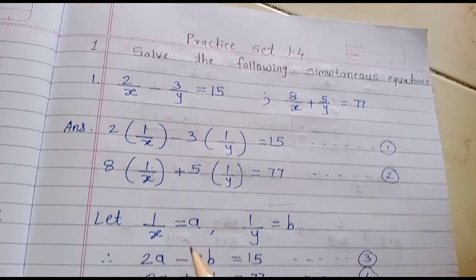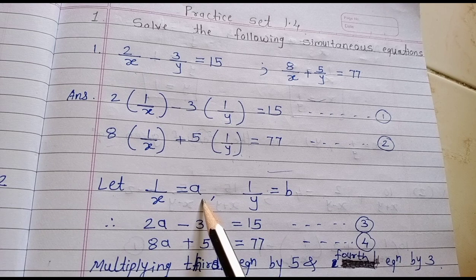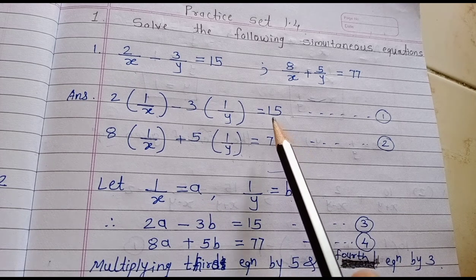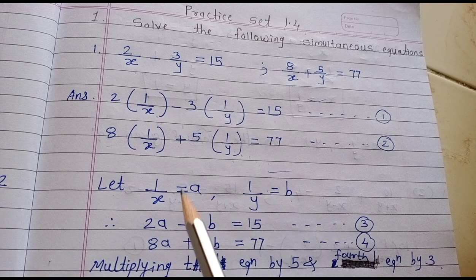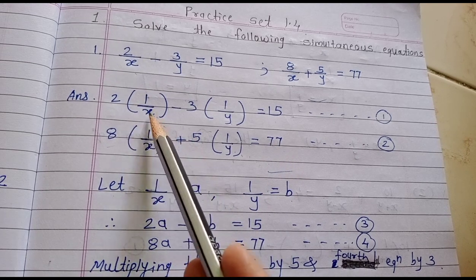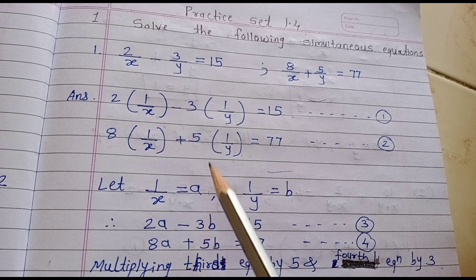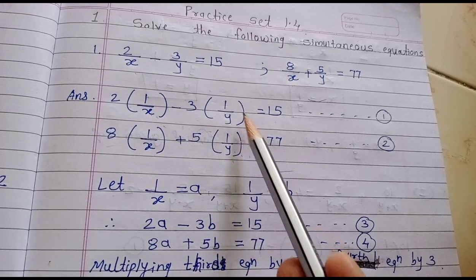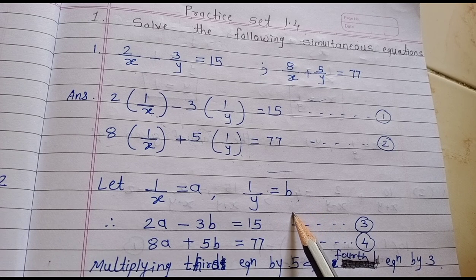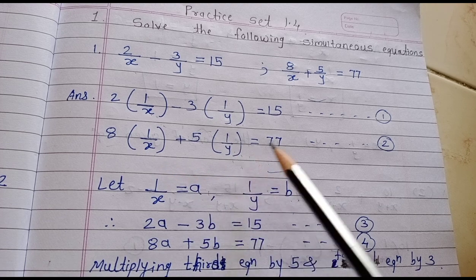So let 1 upon x be equal to a and 1 upon y be equal to b. So these two equations become, see, 1 upon x write a, meaning 2a minus 3b. Instead of 1 upon y you write b, another variable. You can take any variable from a to z, but not x and y.